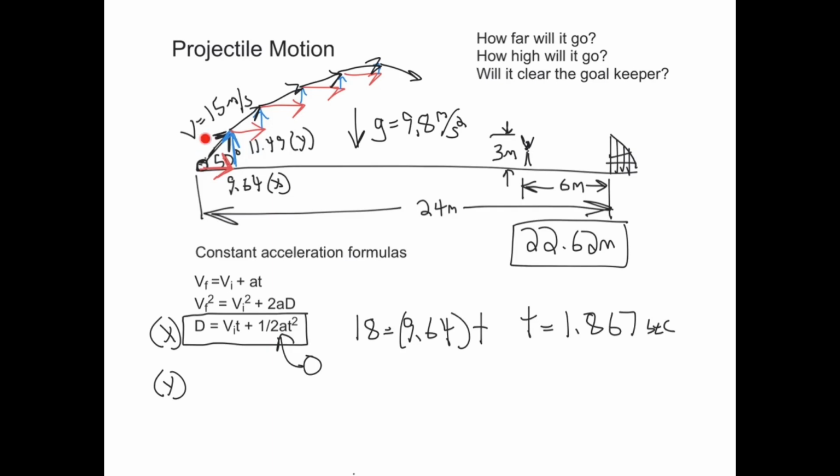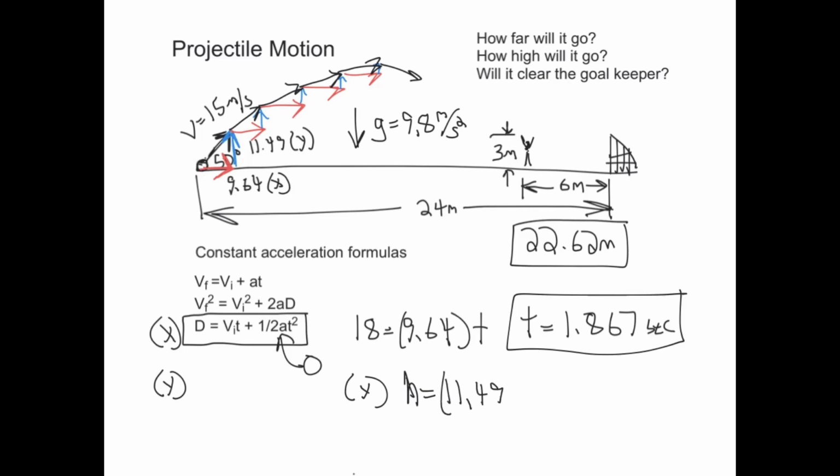But that's got to be the same time in the y direction. So that's the time it took the ball to get to the plane of the goalkeeper. Now when we apply that in the y direction, that'll tell us the height the ball is when it reaches the plane of the goalkeeper.